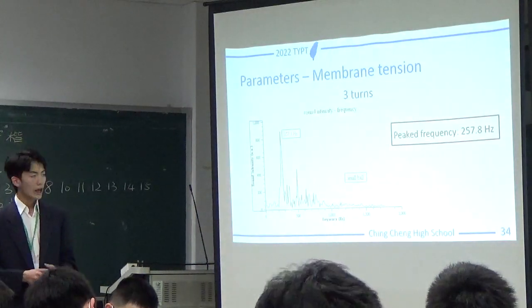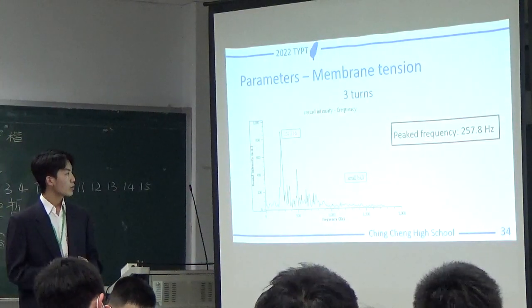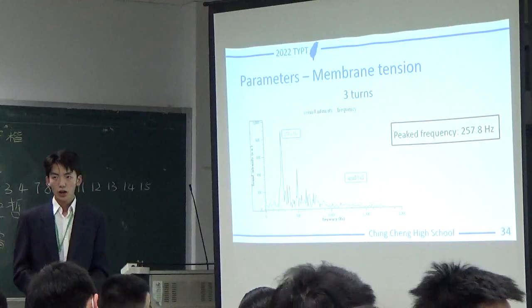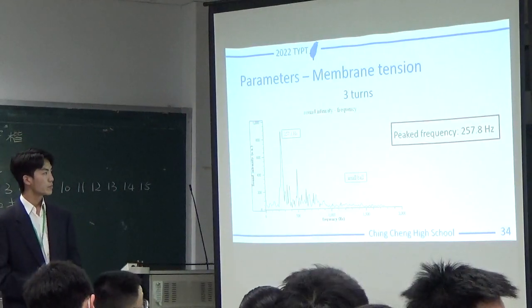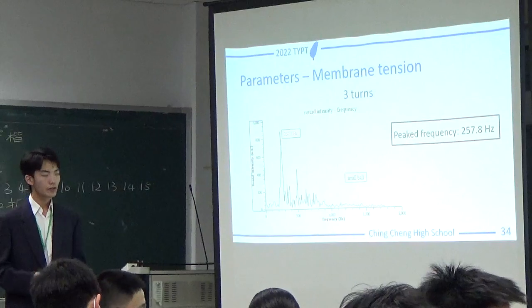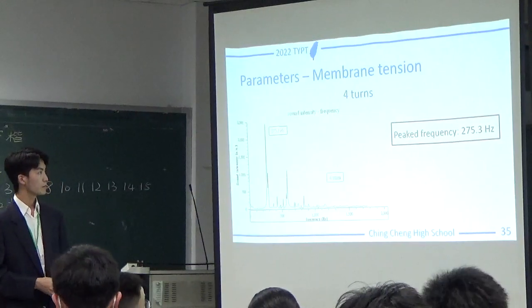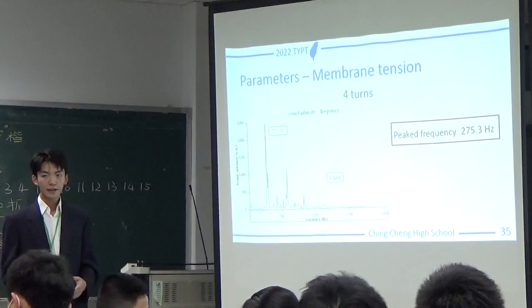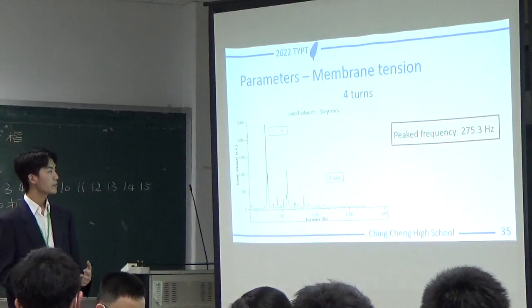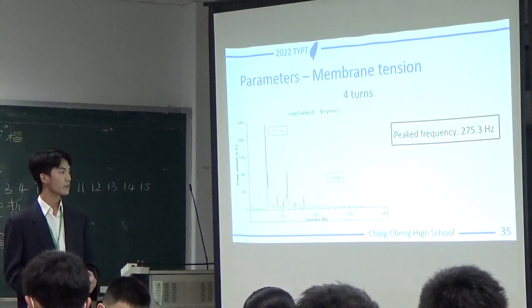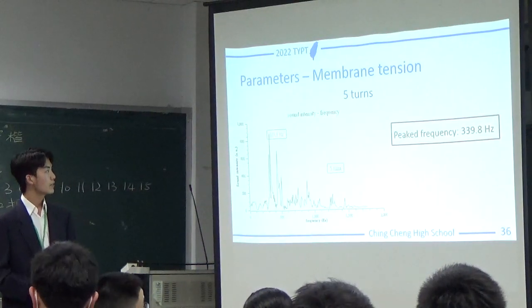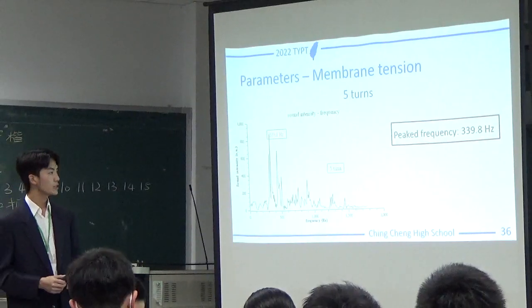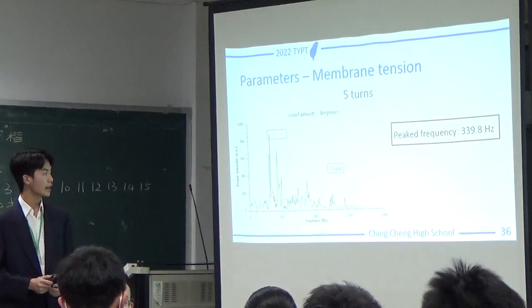So this is the fast Fourier transform when we use 3 turns, and it has a peak frequency of 257.8 Hertz. For 4 turns, it has a higher peak frequency of 275.3 Hertz. And for 5 turns, it has the highest peak frequency of 339.8 Hertz.